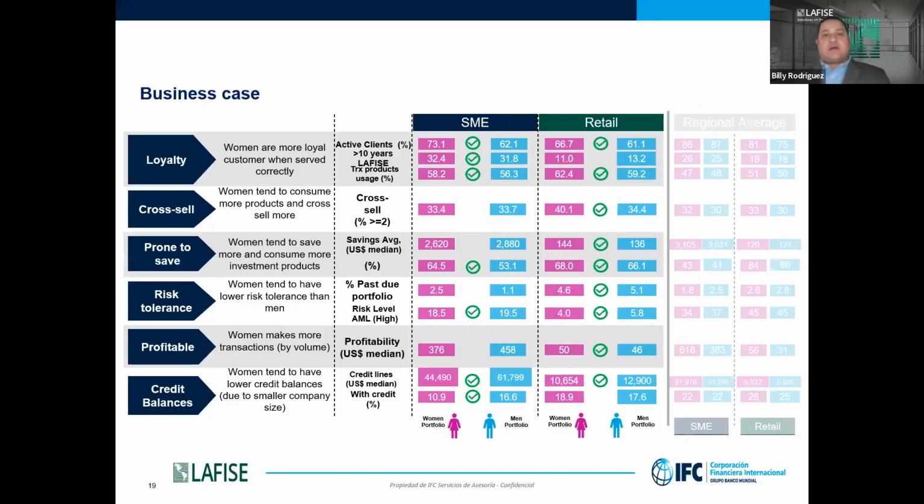After everything that Jose covered, this was a diagnosis that we ran internally in our systems, and using that data that IFC shared and brought to us in our partnership, these are some of the values that our business case identified with the opportunity with the women clientele.